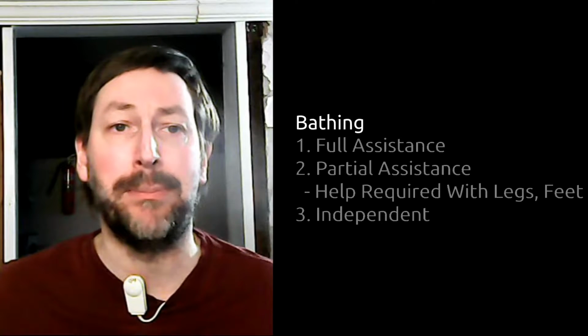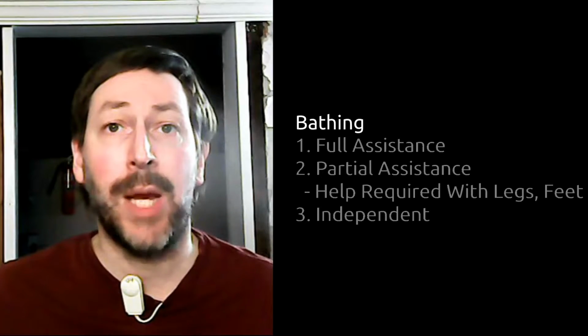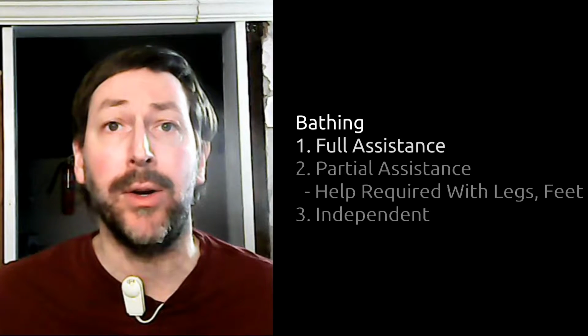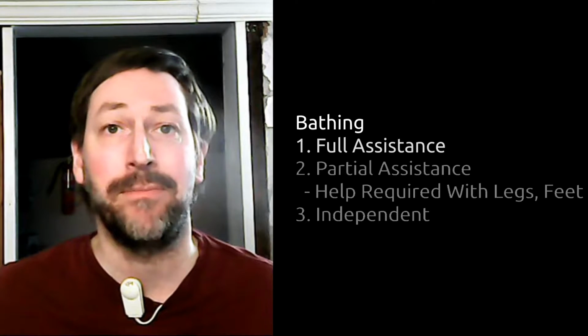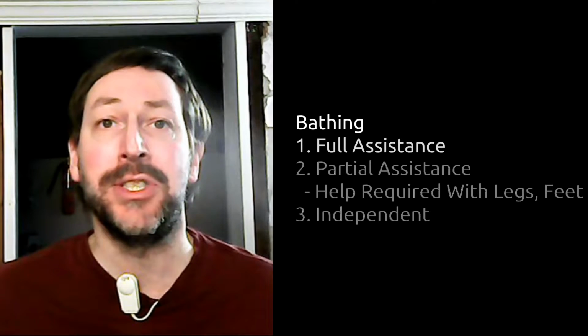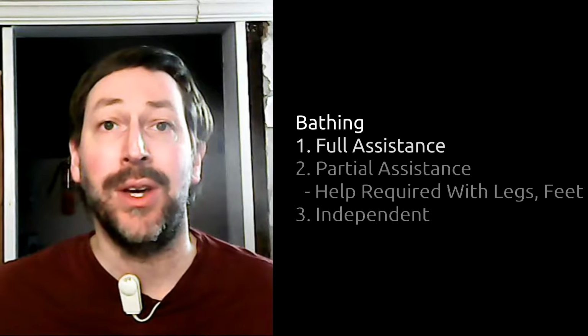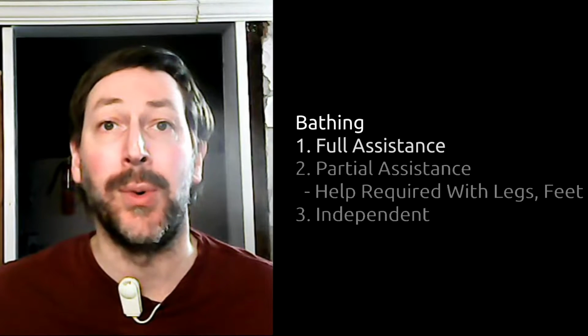The first topic is bathing. Some people will require full assistance. An example of someone in this situation is a quadriplegic where they don't have the use of arms or legs.